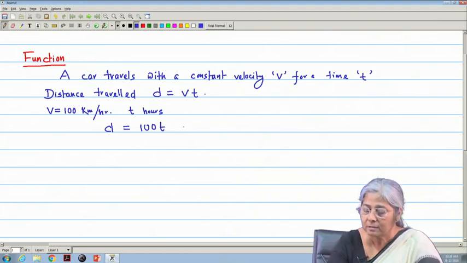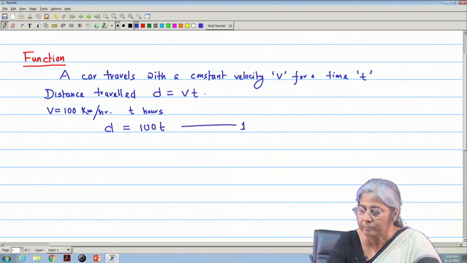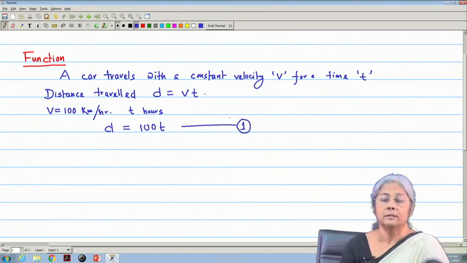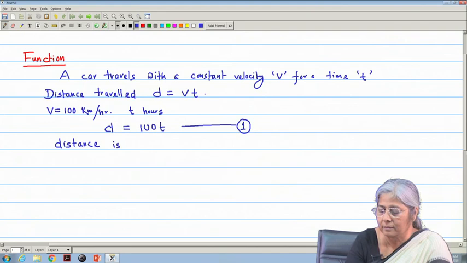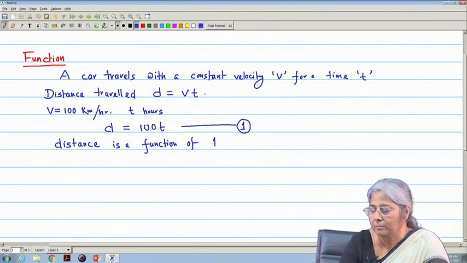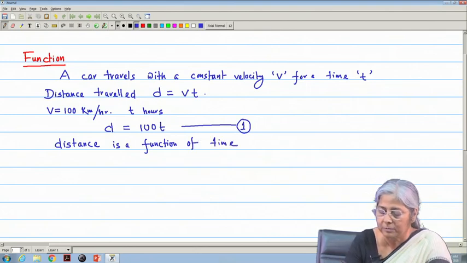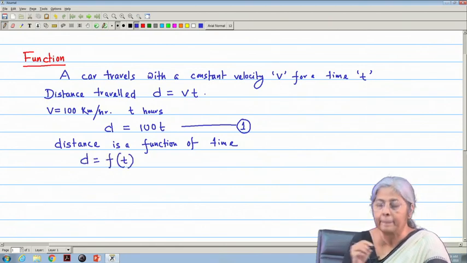Now, this equation 1, we know that distance is a function of time, that means d is a function of t. Normally we write d is a function of t.